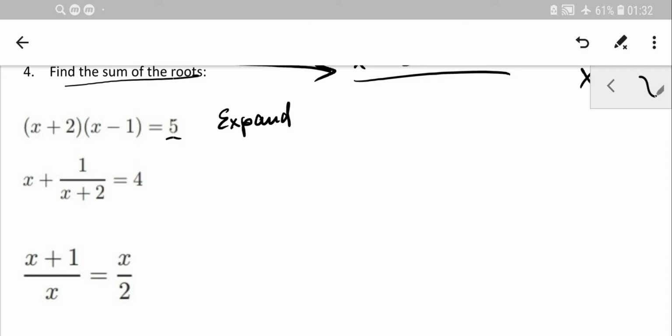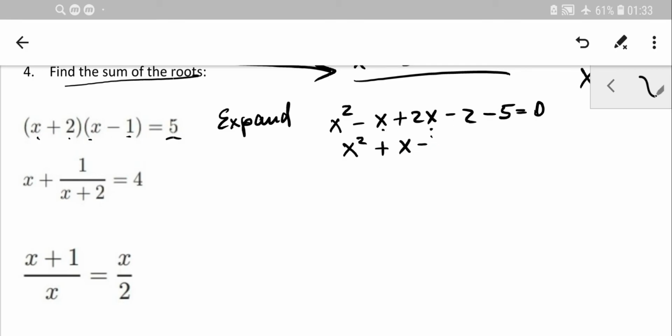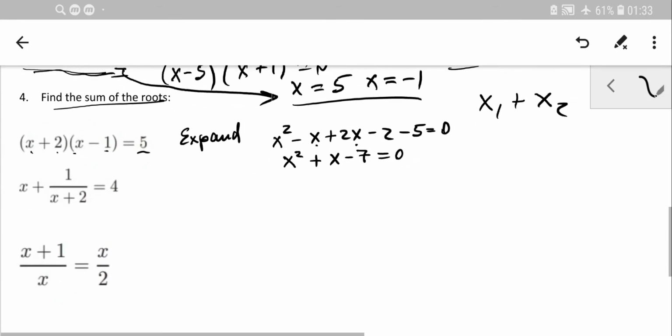Let's do that. x by x is x squared, x by -1 is minus x, then 2x, and then -2, and also minus 5 transferred to the left hand side. So we get x squared plus x minus 7. So we get the quadratic equation, and now just apply the quadratic formula.